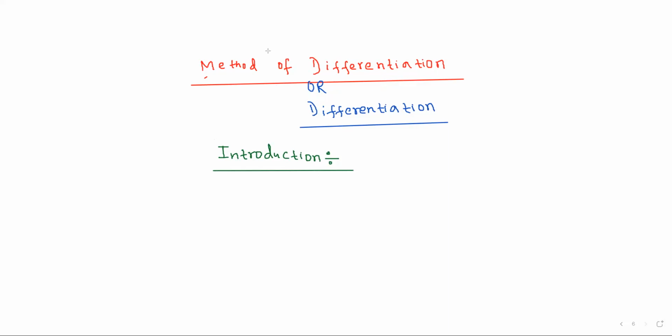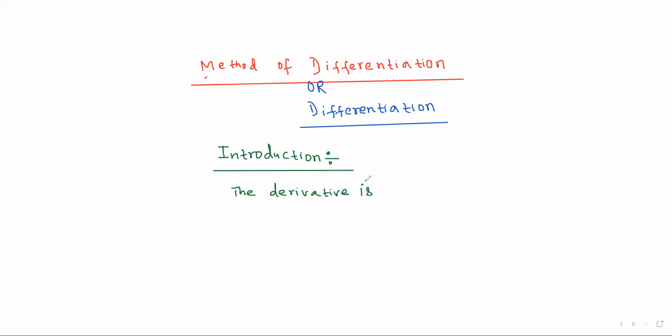So beta, differentiation is also called derivative.